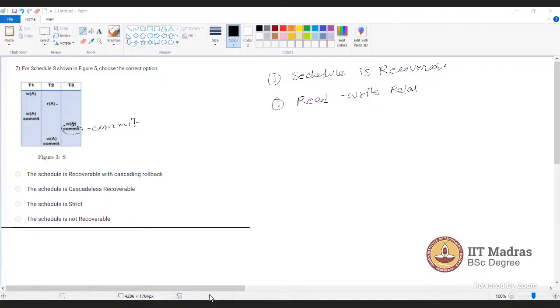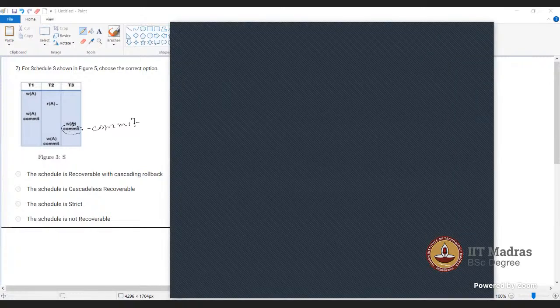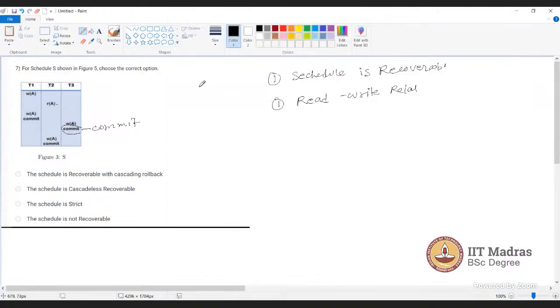T1 is committing at the fourth instruction, and the failure occurs just before the commit statement. Then it will roll back T1 and only T2, right? Because we are reading the data, only T2 will be rolled back.